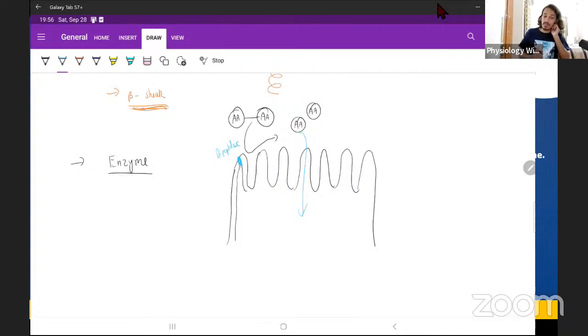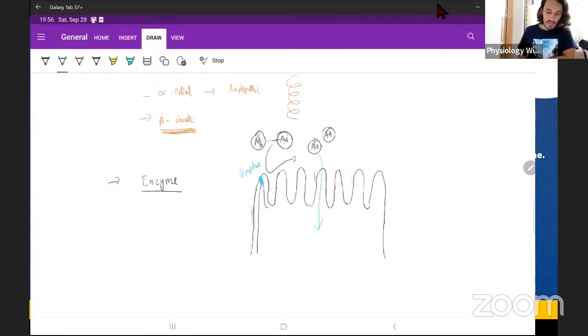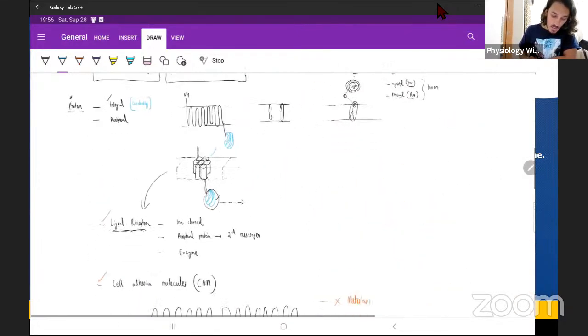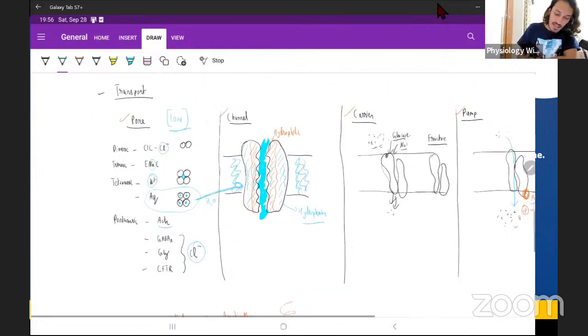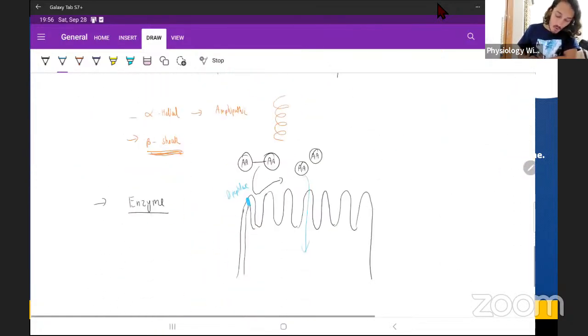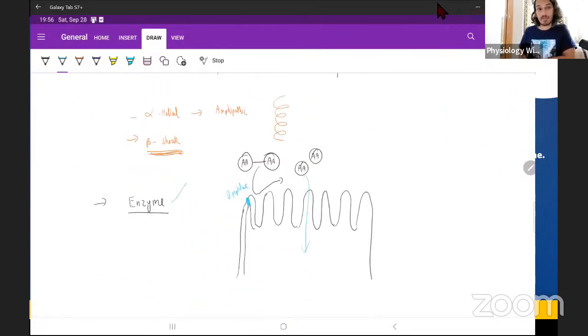So this is one example, dipeptidase. These pumps are also examples. They are using ATP, ATPase is being used. So in a way, pumps are also examples of enzymatic activity. So what do we have here? 1, ligand receptor. 2, cell adhesion molecule. 3, transport. 4, enzymatic activity.